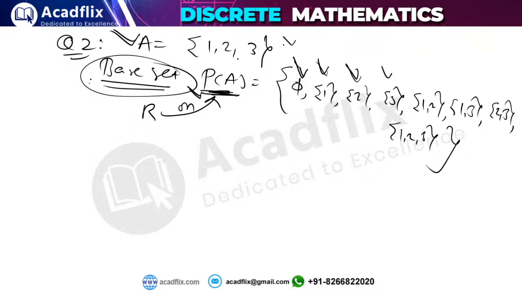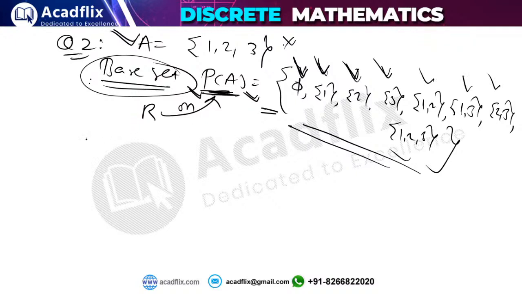One set is A, another set is power set of A. We are defining our relation on power set of A, on this set. We are not defining our relation on this set. Now when we are defining the relation on this set, these are the elements which will be related to each other.